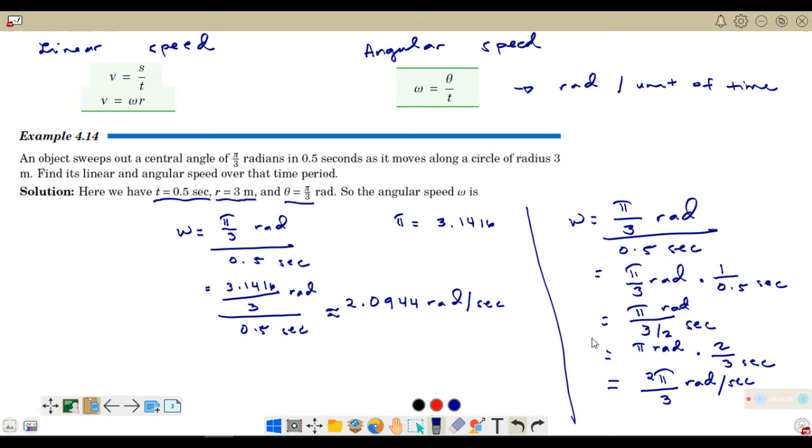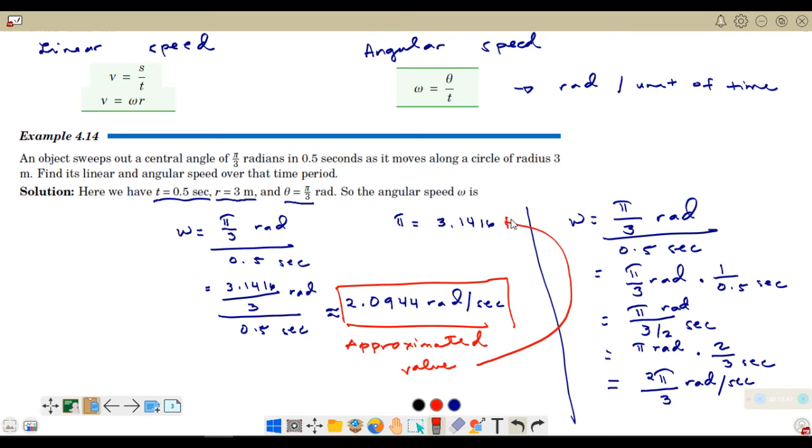So these are the two possible answers for the angular speed. One is an approximated value wherein we substituted 3.1416 and the other one is the exact value. We didn't substitute the approximated value of pi.